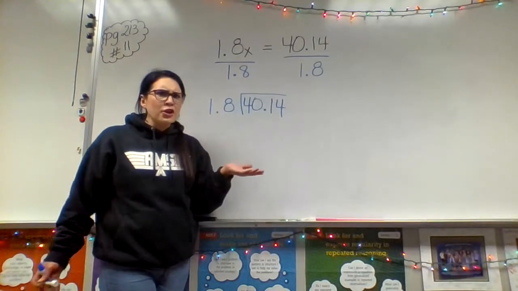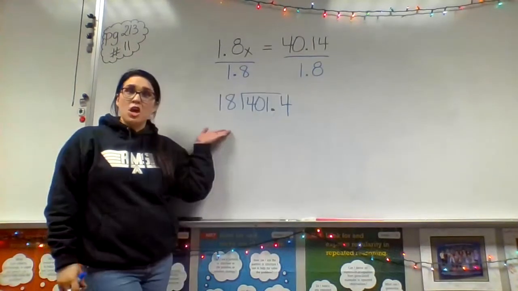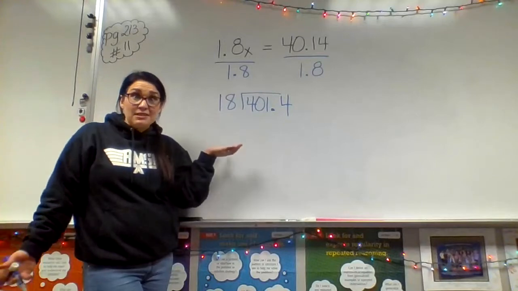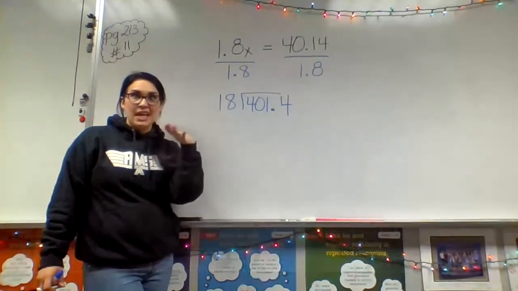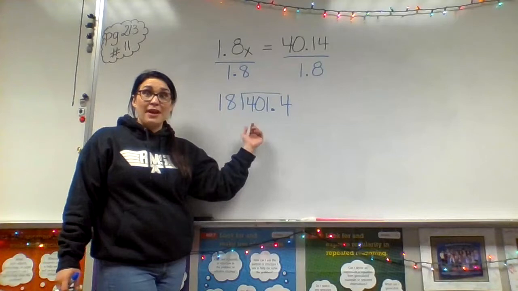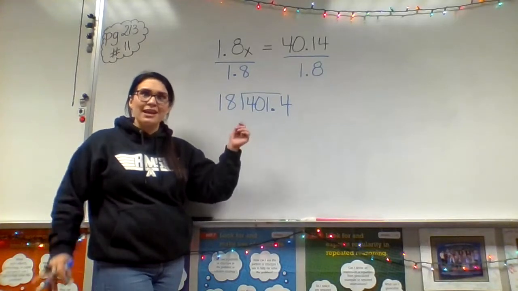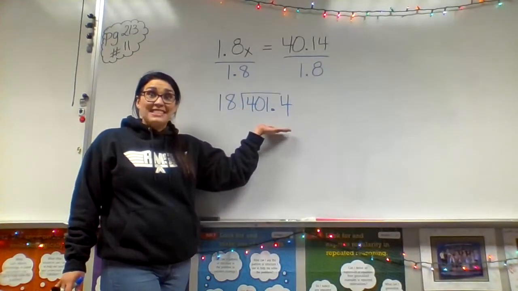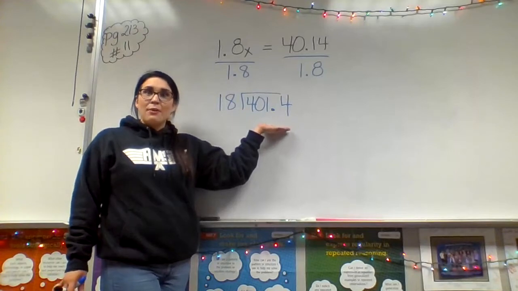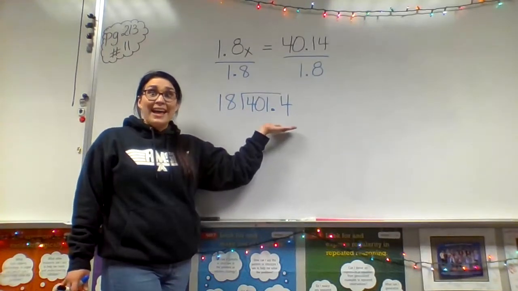So what are your new numbers that you're using? Now we have 18. That decimal is gone because we multiplied by 10. But since we had to make sure we keep the same value, right, we need to also multiply our dividend by 10 as well. So now we have 401 and 4/10.